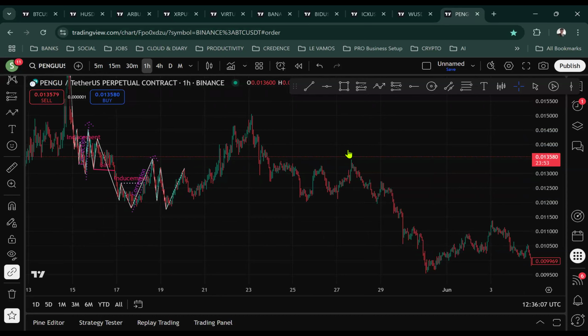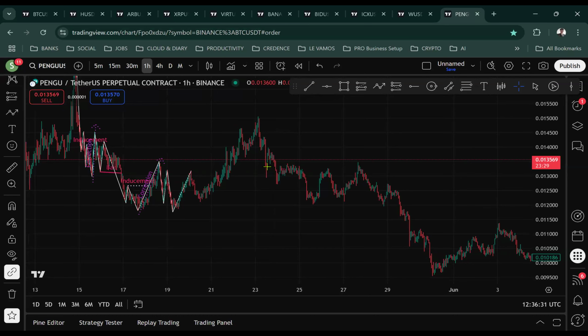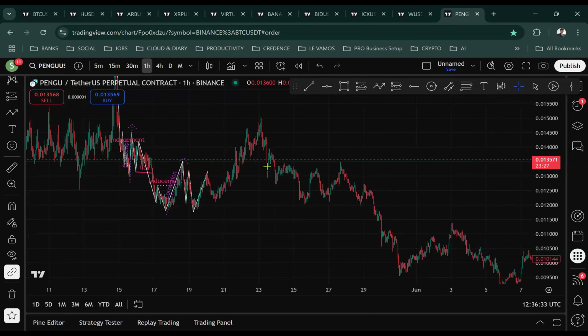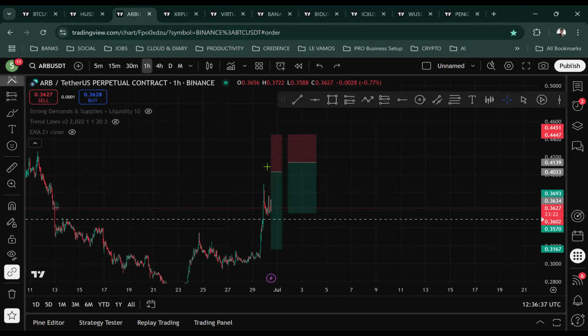The correction continued to this high point, and it went above the previous correction. But it's still a correction because the downtrend continued. We'll get to that.